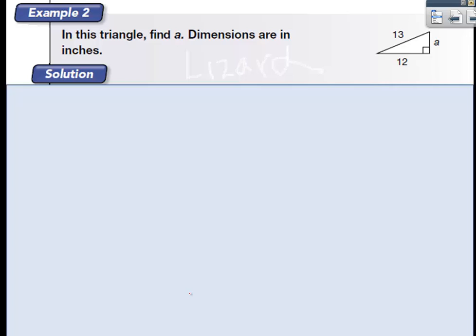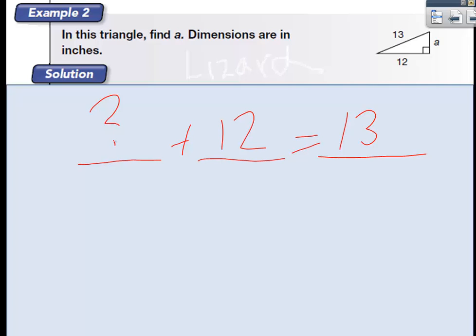Okay, so we know that one leg squared plus the other leg squared equals the hypotenuse squared. We know the hypotenuse is 13. We know one leg is 12, and we don't know what this one is. So now we have to build these big boxes on here. We're going to square both of these. 13 squared is 169.